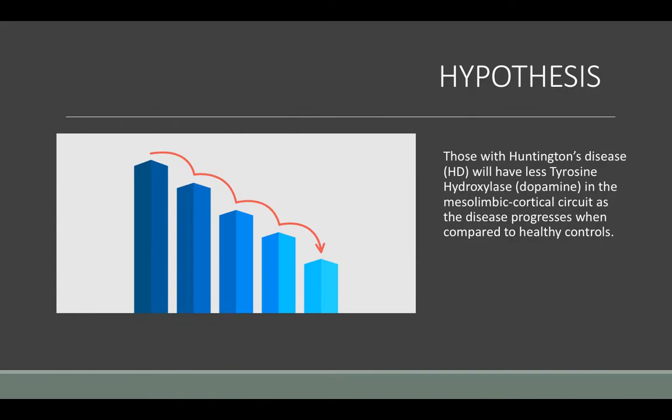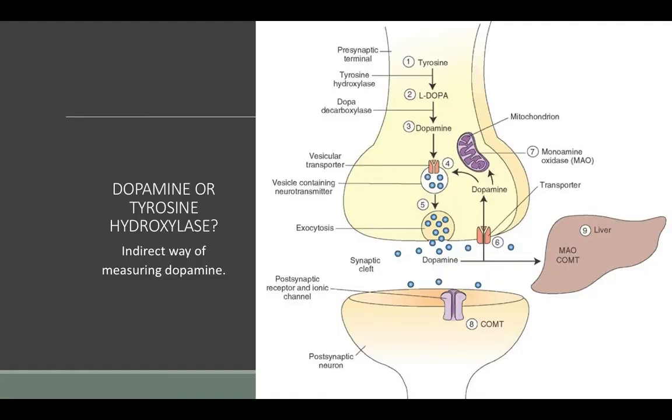So, from all of this, my hypothesis became that the mice with Huntington's disease will have less tyrosine hydroxylase, or dopamine, in the mesolimbic cortical circuit as the disease progresses when compared to their healthy controls, or wild type. I had just said tyrosine hydroxylase in that previous slide, and you might be like, oh, what did I miss? You didn't miss anything. I'm stepping ahead here.